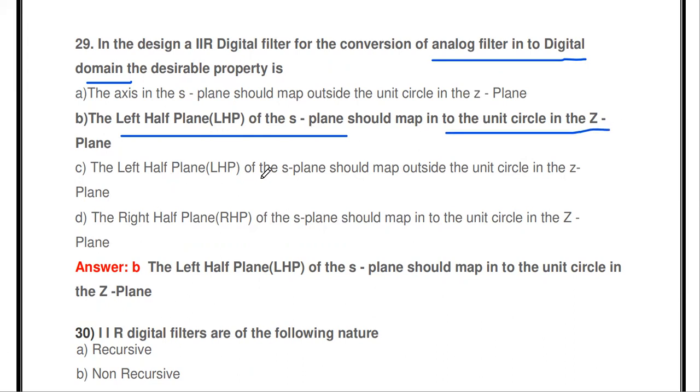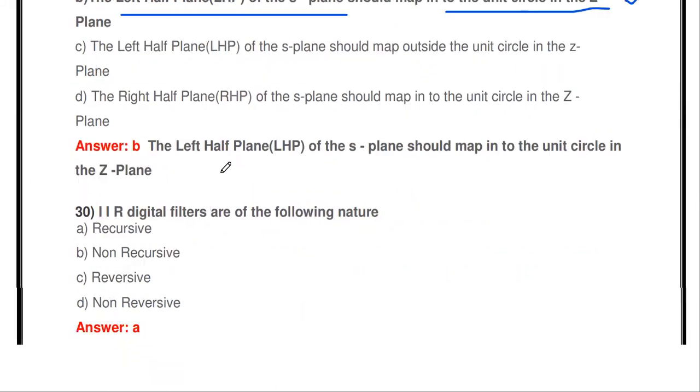The left half of the S plane should map outside the unit circle? Wrong. The right half should map into the unit circle? Wrong. So B is the correct answer. While converting analog to digital, the left half poles of the S plane should map into the unit circle in order to make a stable filter.